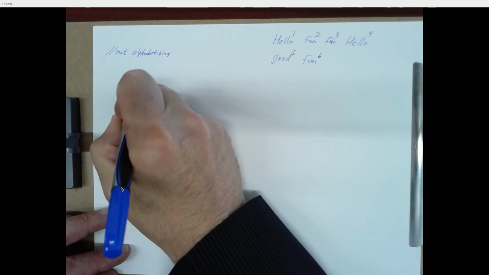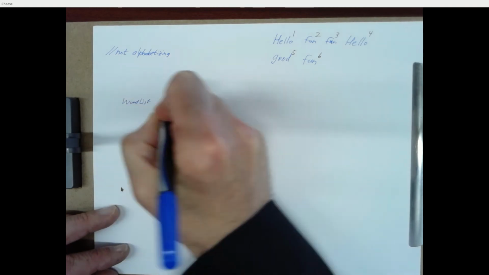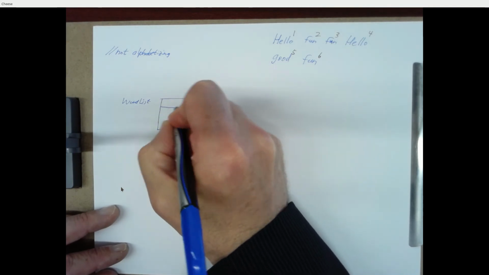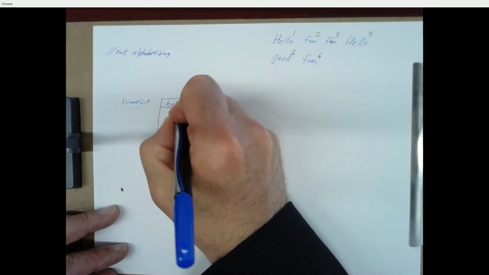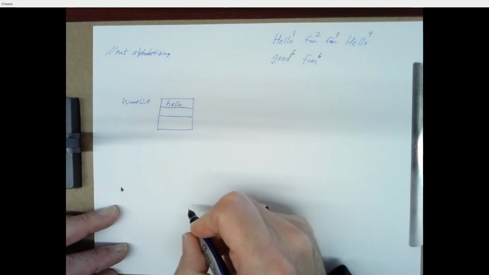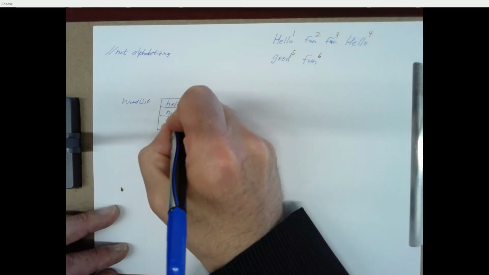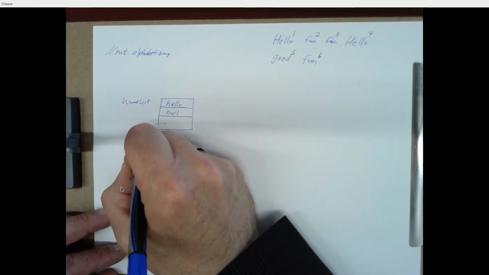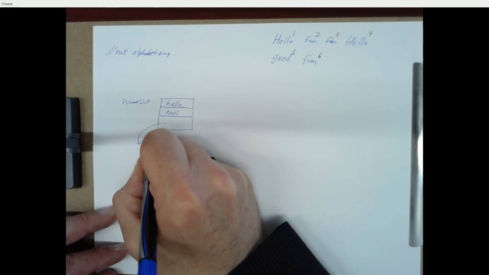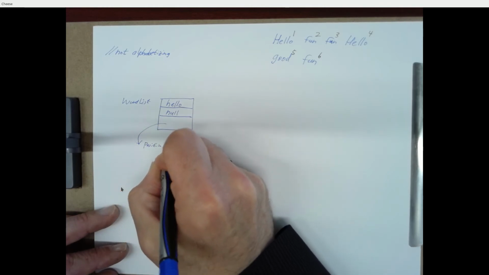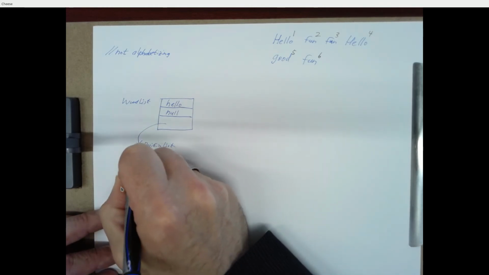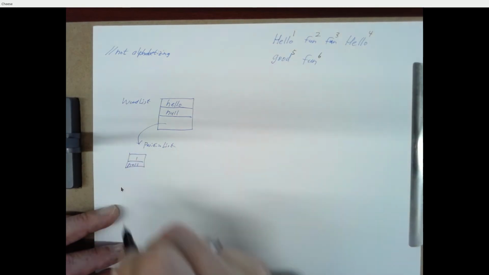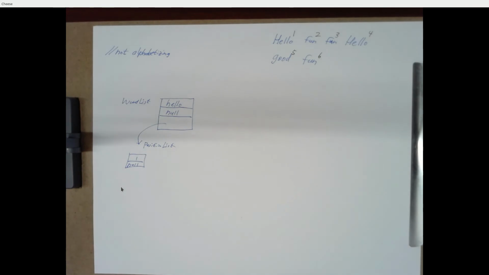So this is a word list. It's got a word, hello. And it's got a next field, which will be null, because there's only one thing in our word list. And it's got a pointer to a position list. And our position list has the number 1 where that word occurred, and that's the only thing in the list. So that's null.